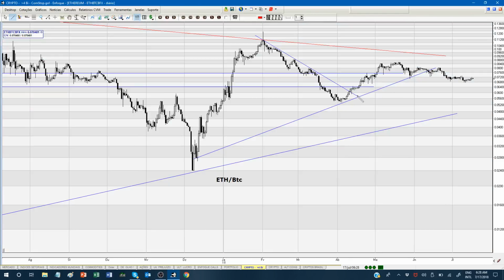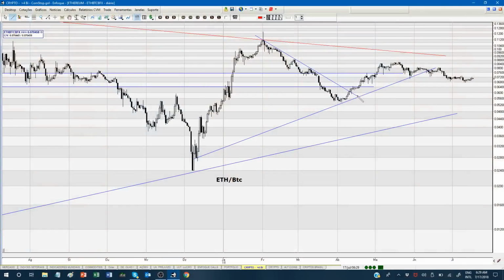Ethereum in BTC, as you're noticing, I'm only showing the charts quoted in Bitcoin. And why is that? Well, I don't want to know about anything quoted in dollars. I want to know any coin quoted in Bitcoin, because I think, as I show you, that Bitcoin is going to $100,000. So all I want to do is increase the small amount of Bitcoin that I have. Simple as that, right?